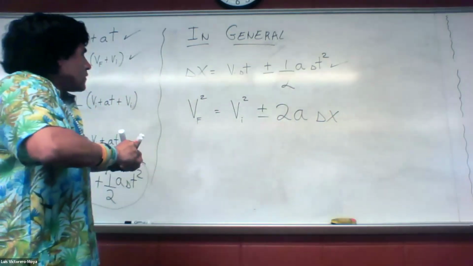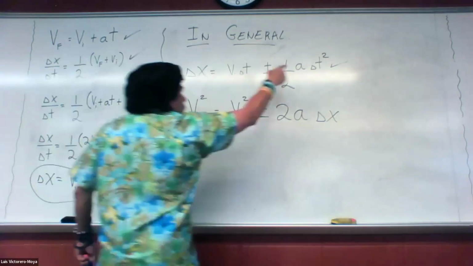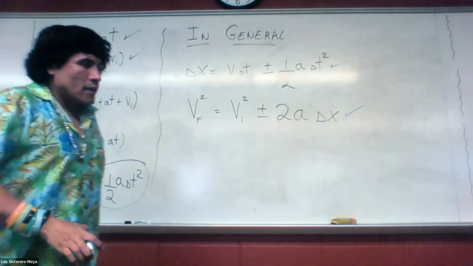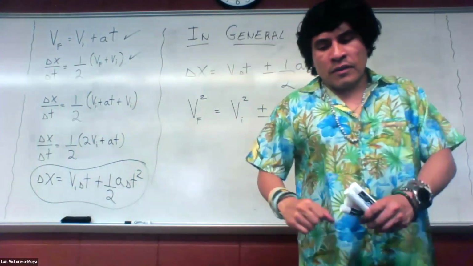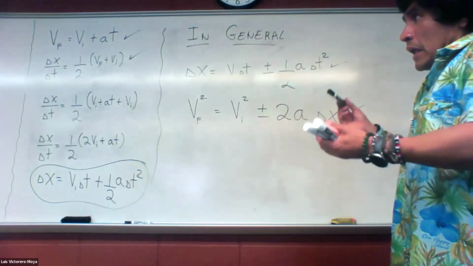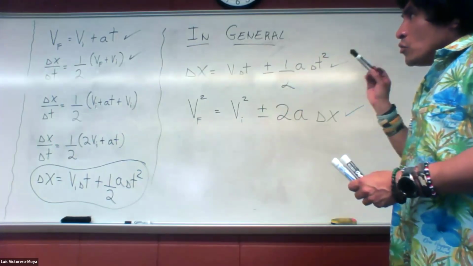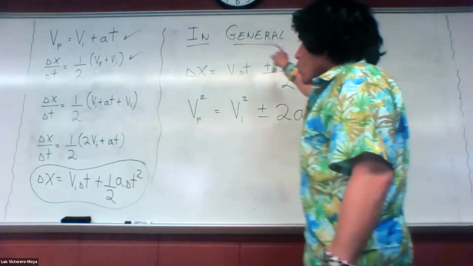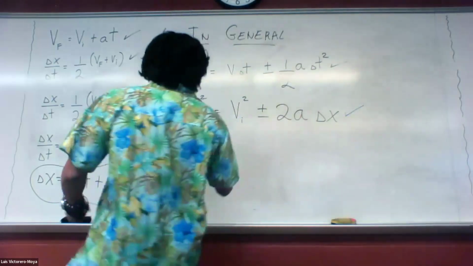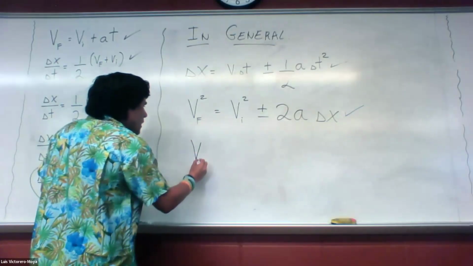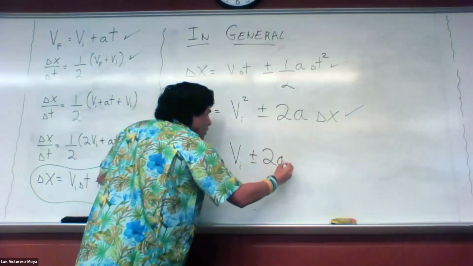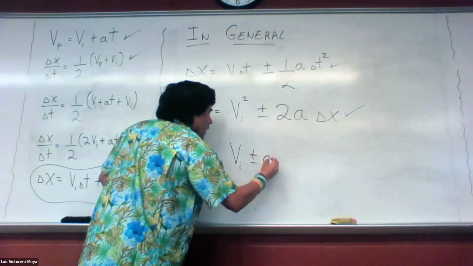So, guys, you have 1, 2, 3, 4 equations of motion. Those equations you have to memorize, but you have them in a formula sheet. Let's put here the general one: v final equals v initial plus or minus a delta t.